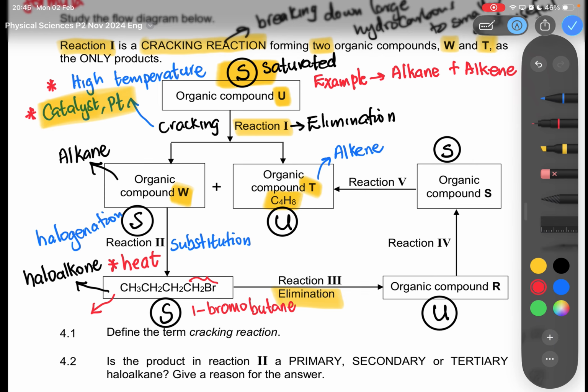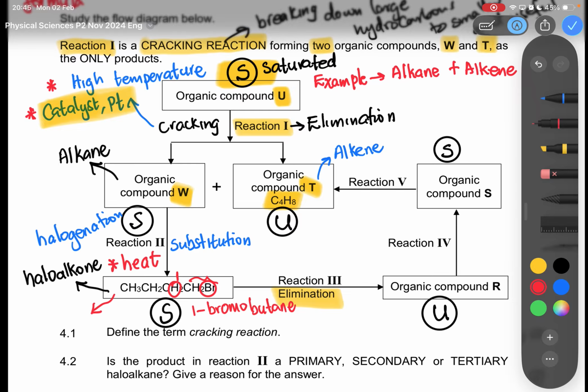Now, you should be able to draw the organic structure of W if needed. Now, when you eliminate, we are going to eliminate this Br and one of these hydrogens.